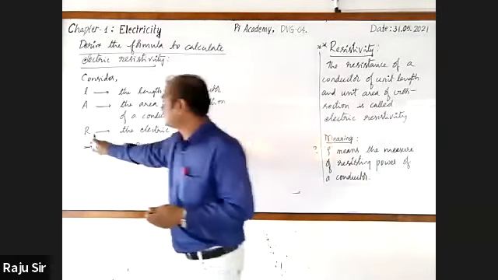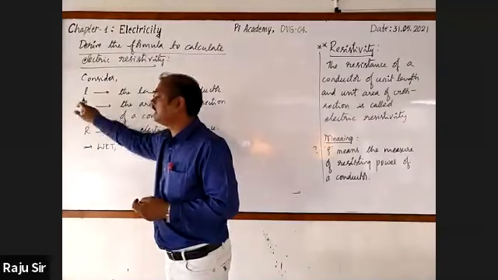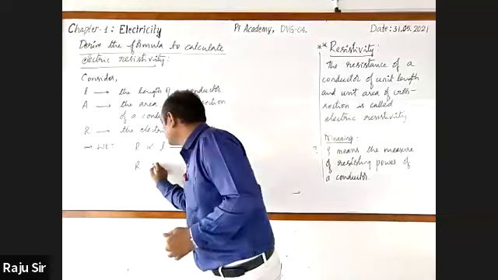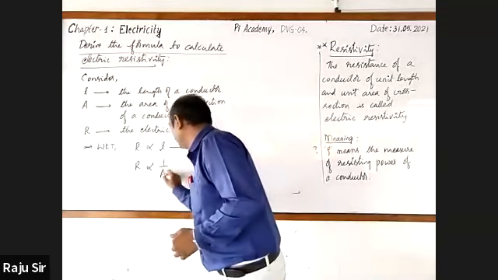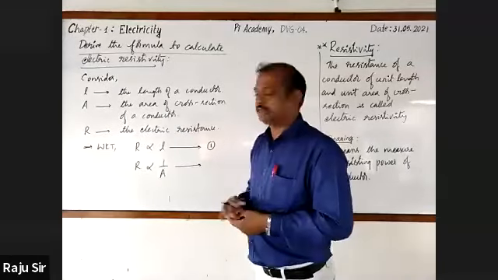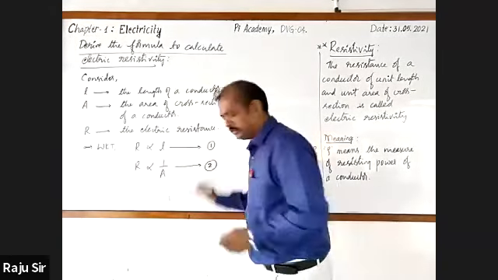What is the relationship between R and A? R is inversely proportional to A. Right. You can say R is proportional to 1 by A. Call it statement 2.